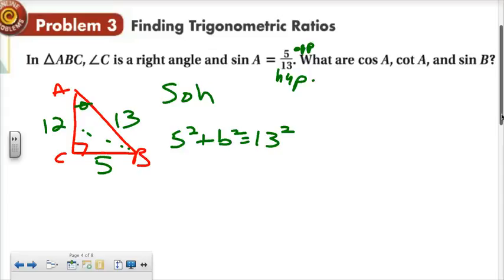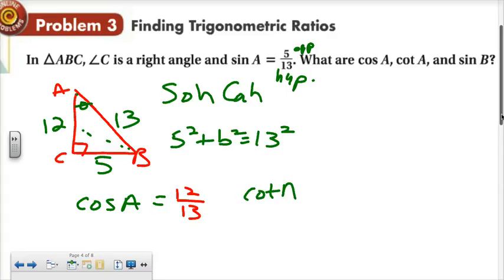And then it says what is the cosine of A. So I go up to A and I realize if I'm using A and I need cosine, cosine is adjacent over hypotenuse. So I need the adjacent side for A, which would be 12, and then I need the hypotenuse, which is 13. So the cosine of A is 12/13. Then we have the cotangent of A. Well, I'm just going to go ahead and find the tangent and then flip it.